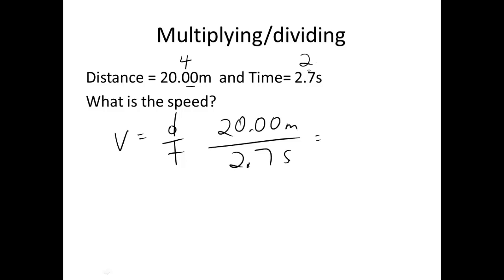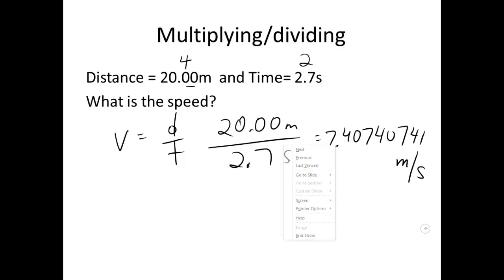2 sig figs. So when you punch this in your calculator, you're going to get some long number, something like this. That is the speed in meters per second. Don't forget units. Now instead of asking your teacher, what do you want us to round the answer to? Let's use our new rules here.